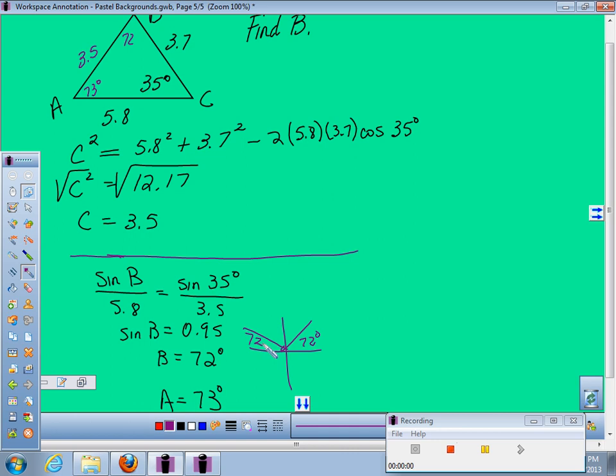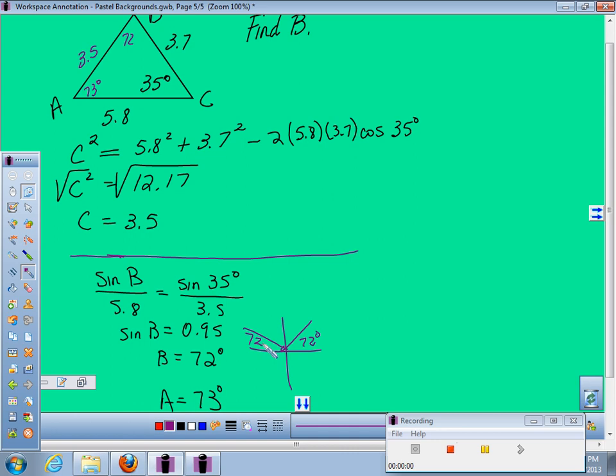Well, what you really need to do is calculate the smallest angle first. You know it can't be obtuse. So you need to calculate the smaller of the two angles that are left, find it, subtract, and then you'll get the larger one. If it's obtuse, it's obtuse. If it isn't, it isn't.